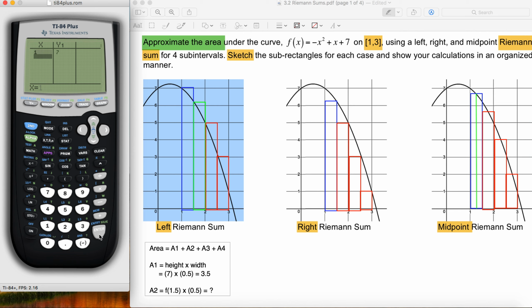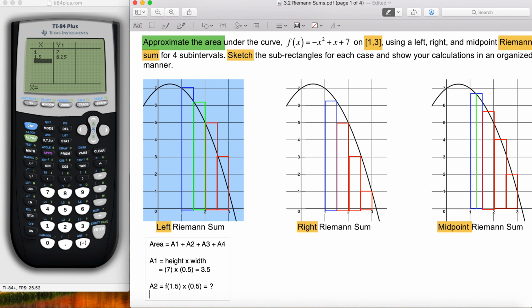So we should get 7. See, there you go, there's 7. And so what's the height of rectangle 2? It's going to be the value when x is equal to 1.5. And there you go, 6.25 is the height of area 2. Okay.